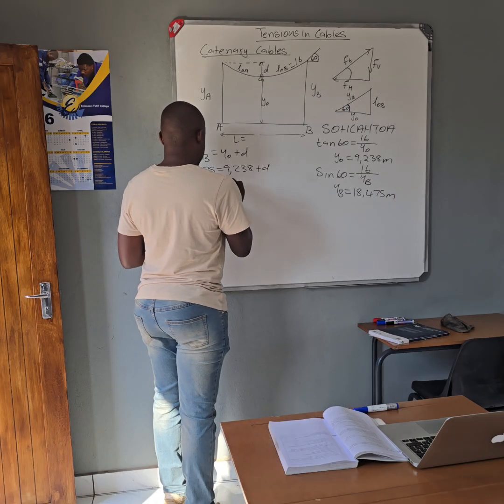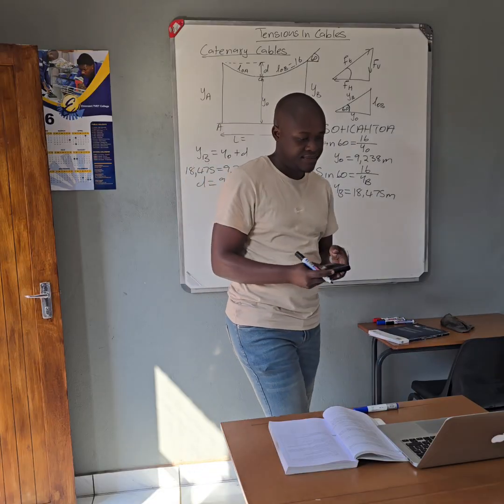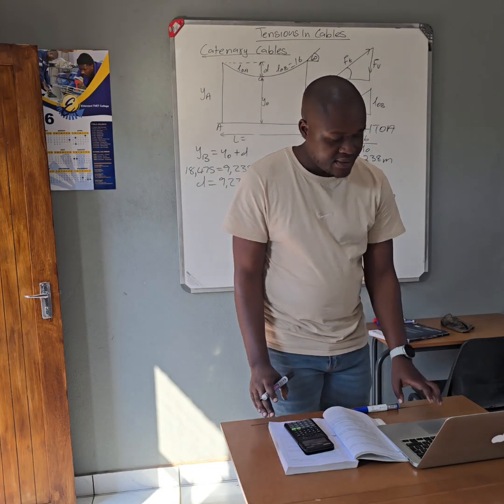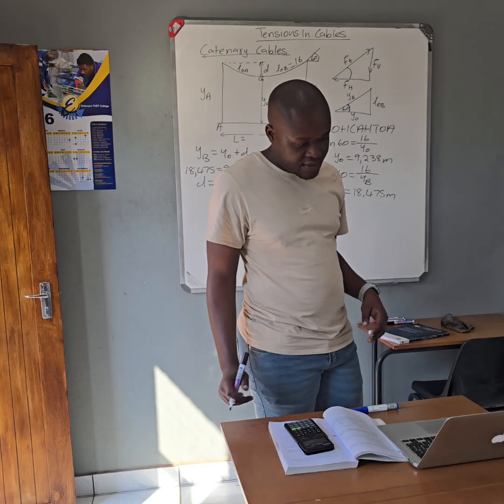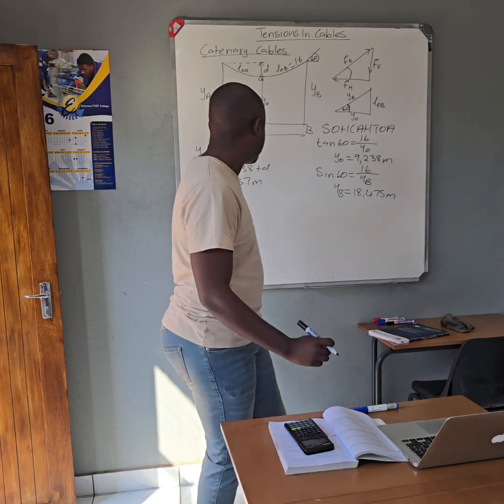We get D is 9,237 meters. Then the second question, 2.2, is saying calculate the distance between the supports.